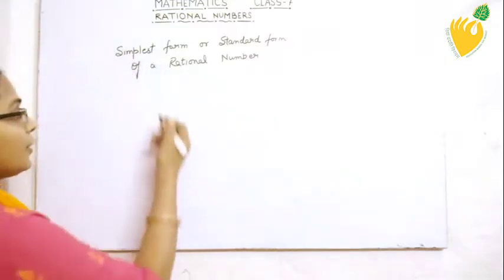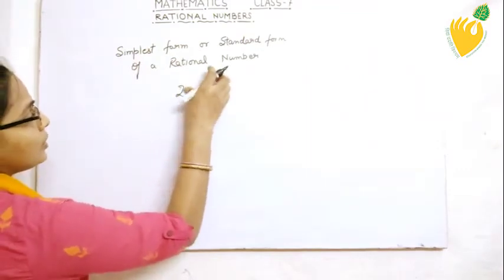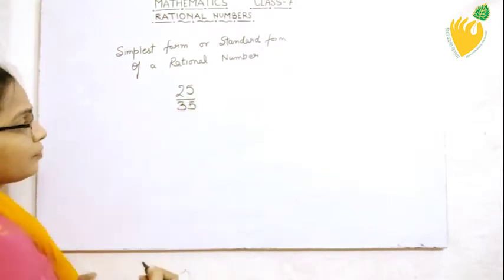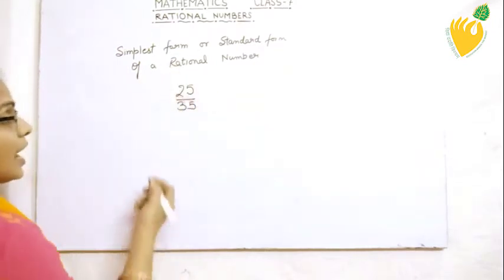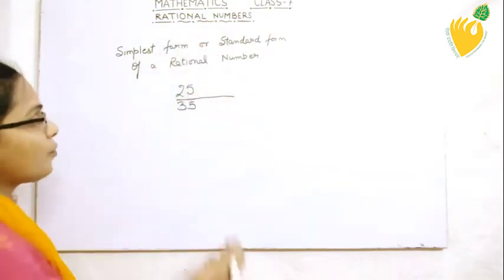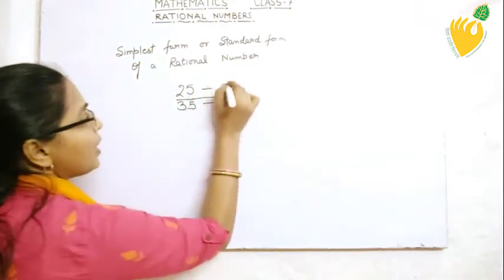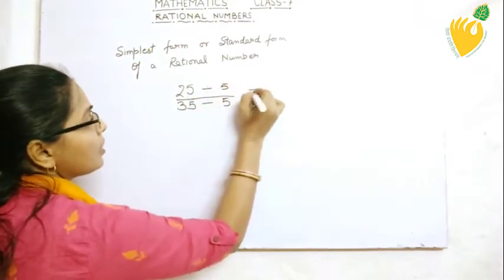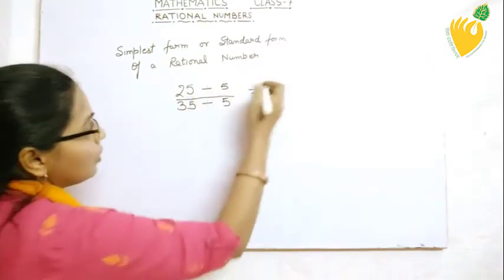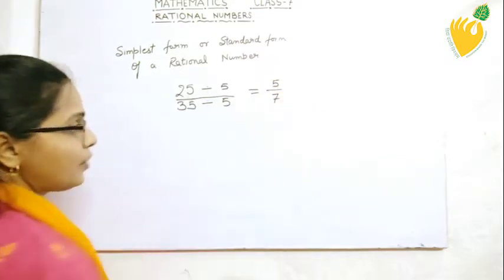Let's see how. Suppose, students, I have taken 25 upon 35. It is a rational number and you have to write this number in simplest or standard form. So you will divide both numbers by 5, a common number in the numerator and the denominator. You will get 5 upon 7, since 5 fives are 25 and 5 sevens are 35.